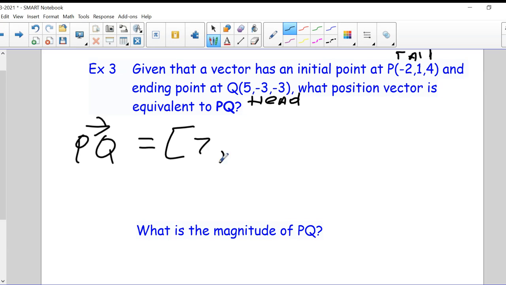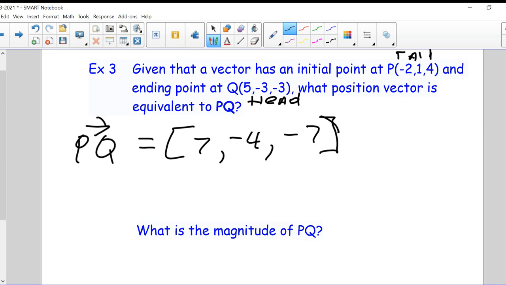Thanks, Alexander. Give me the y component. Is that 4 or minus 4? I'm going to agree with minus 4. And the z component. What's the z component? Minus 7.